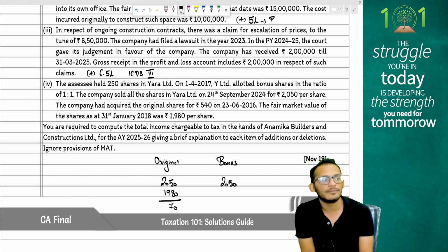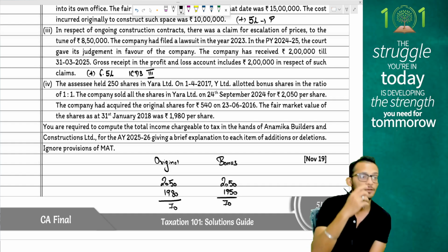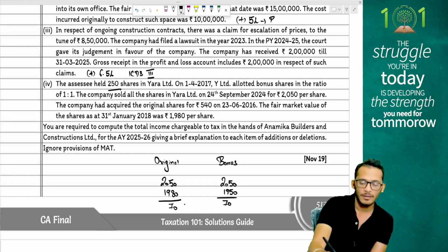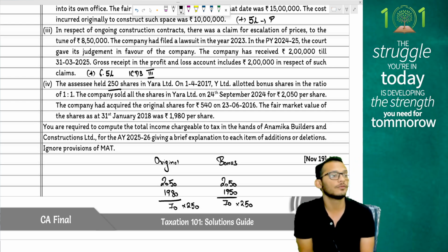Therefore 1980, compared with the cost, whichever is higher, therefore 1980. The number remains the same, so it is 70 on both sides. Number of shares I have is 250 for original, 250 for bonus. These are the shares which I have.